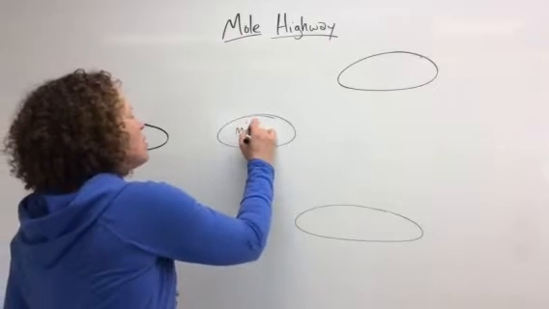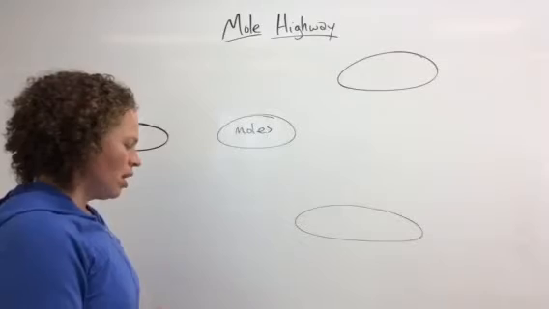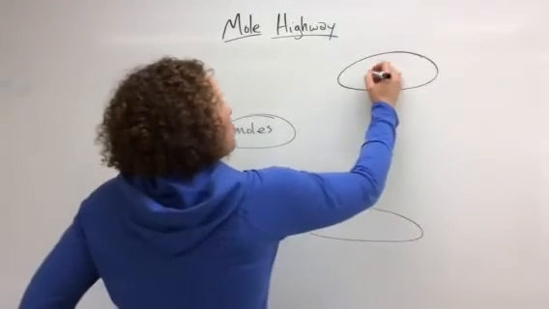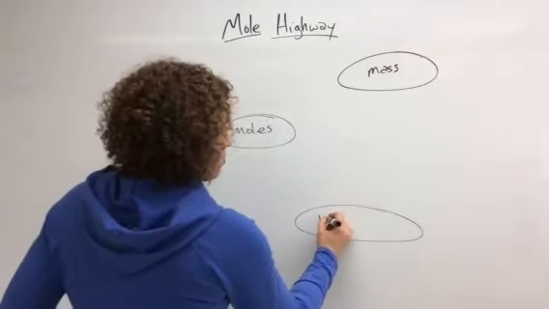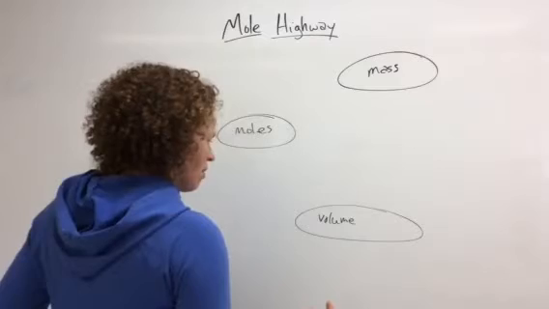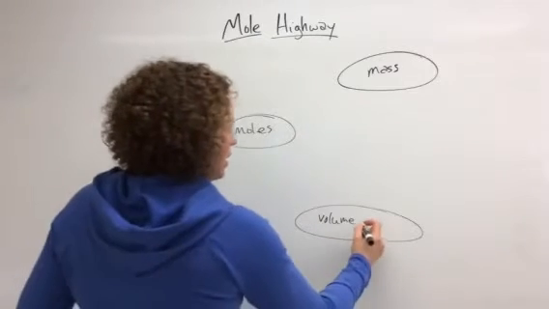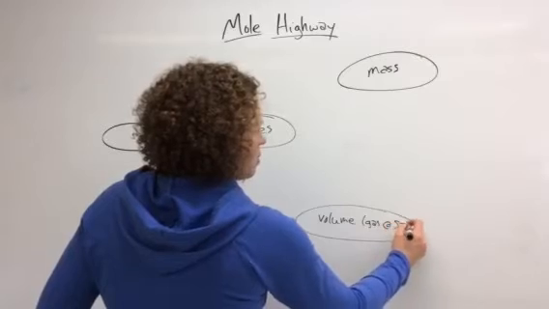We've got moles in the middle because they're the thing that connects all of the other values. Now, up here we're going to have mass. This one's going to be volume. And that's actually the volume of a gas at standard temperature and pressure.